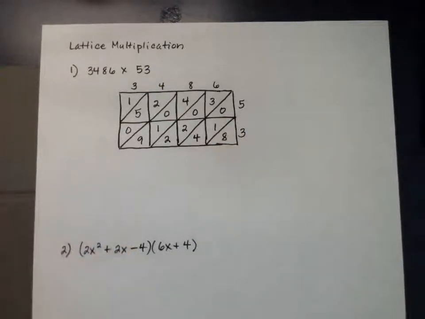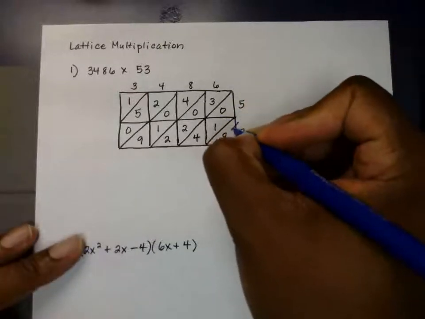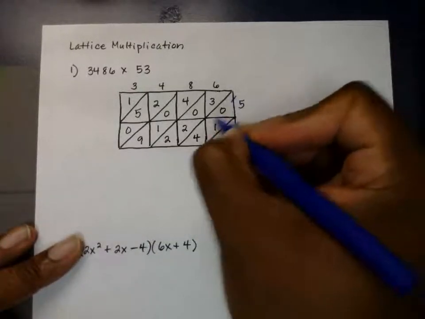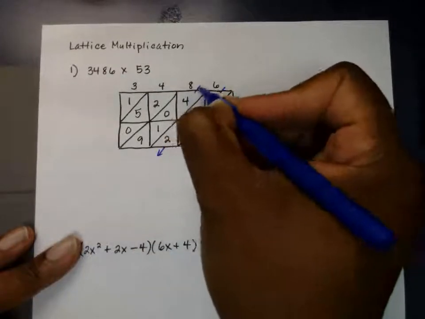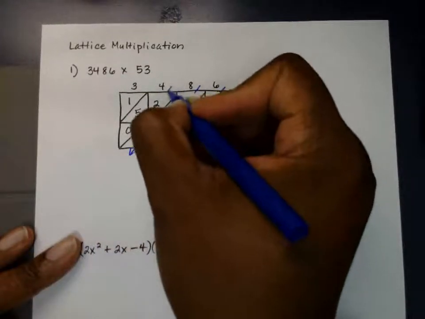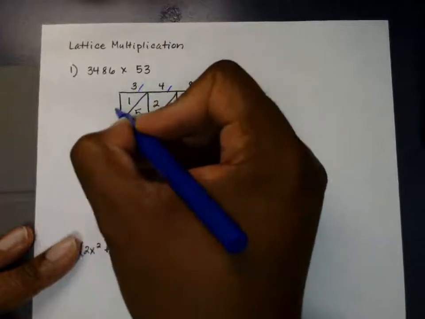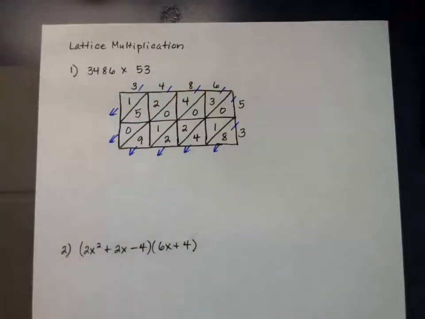In this case here, we add the numbers along each of the diagonals that I'm drawing. Some regrouping may be needed for this problem, if necessary.